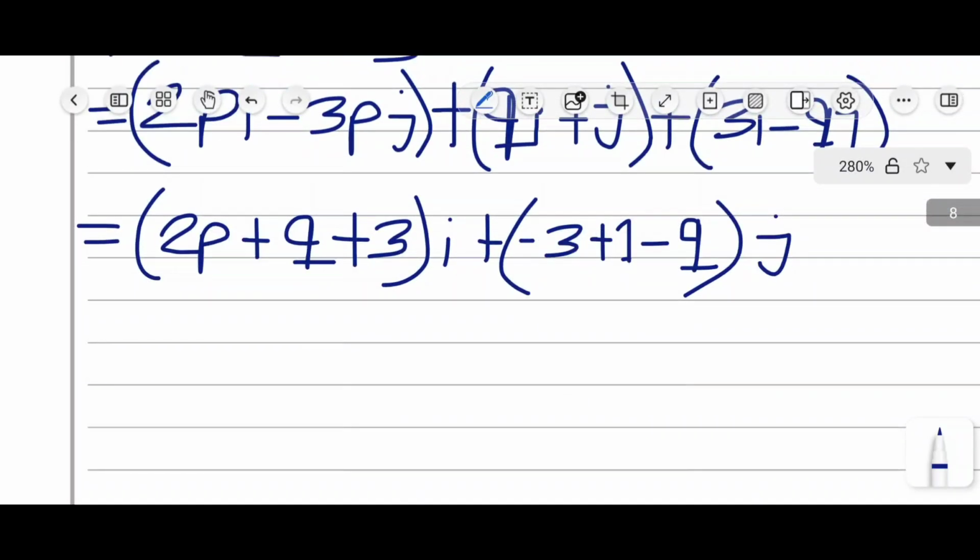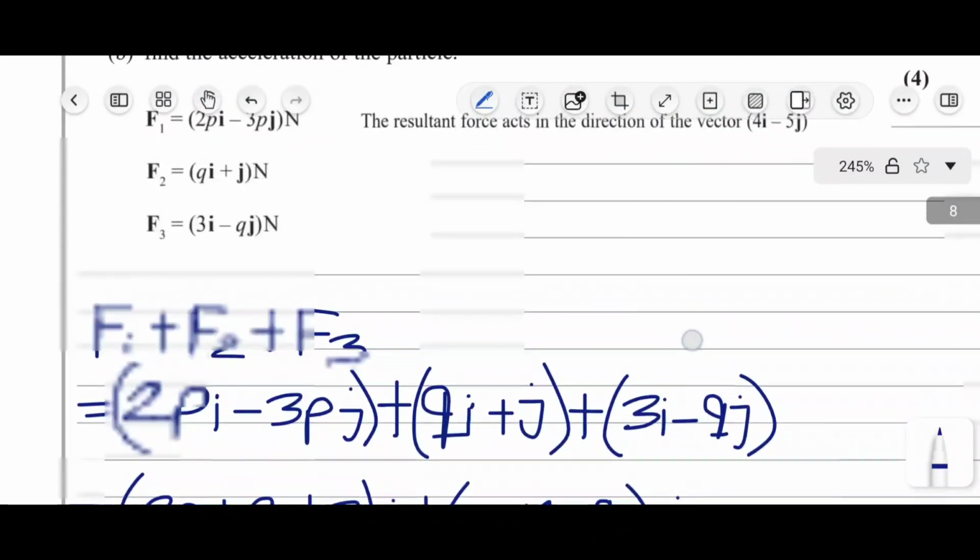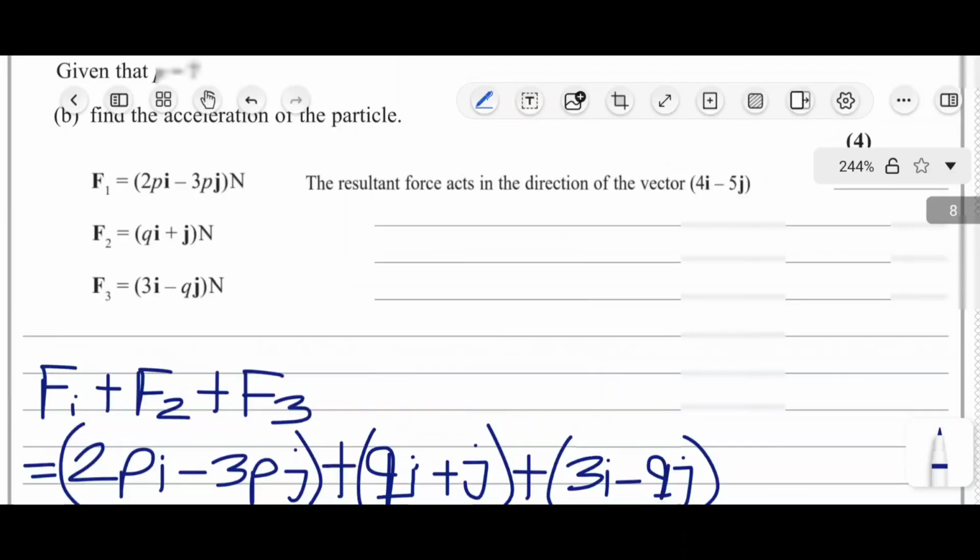Okay, now we have to move to the second line here. Now they have told us the resultant force acts in the direction of vector 4i minus 5j.